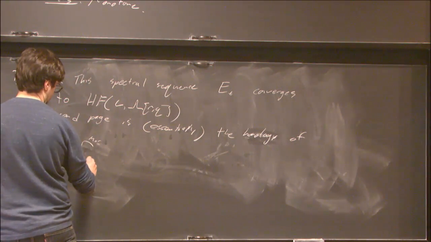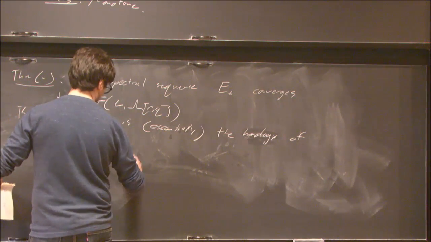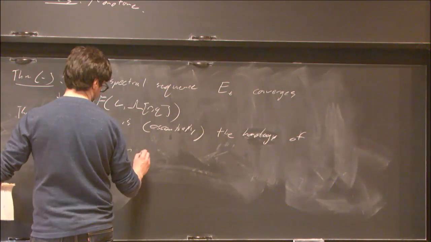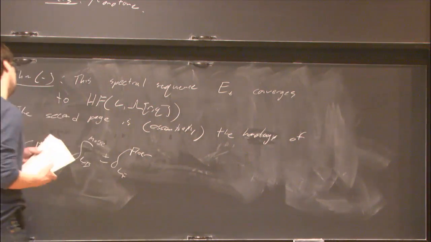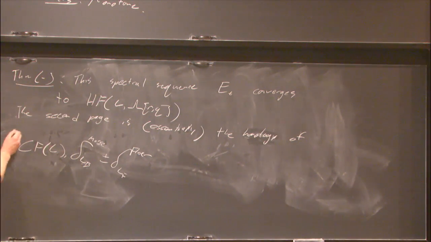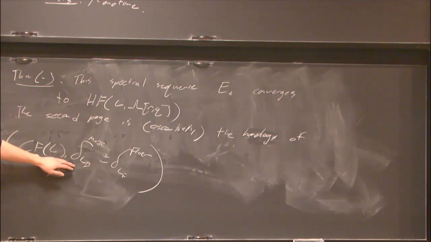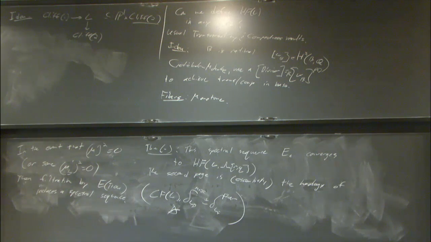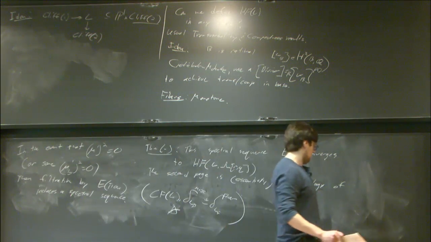So this should be d_LB Morse plus or minus the Floer theory of the fiber. Okay, so this is the sort of thing, once you see something like this, you can think about this Leray spectral sequence where you filter by base degree of the critical points.